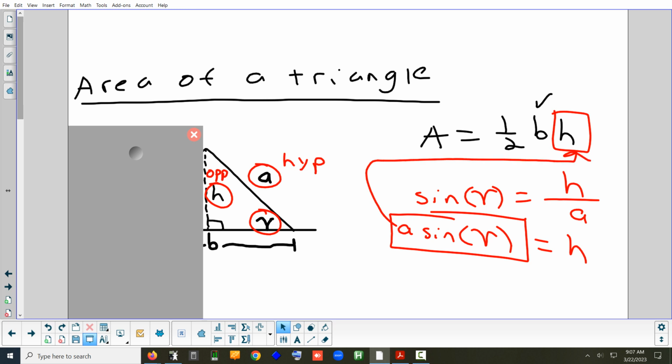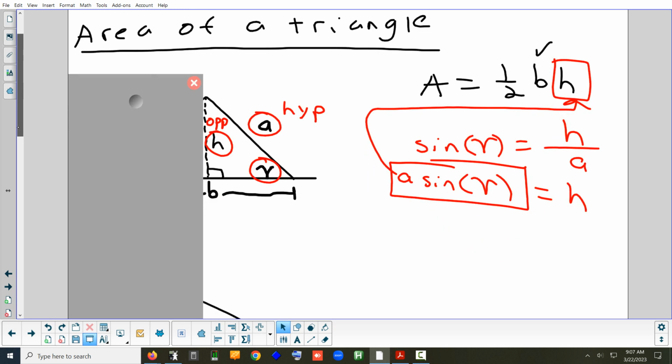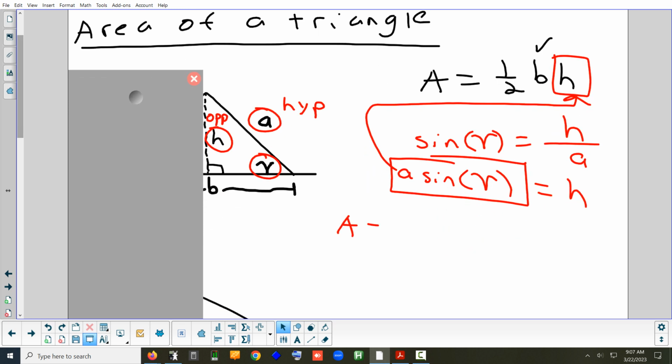And now we have a new formula for the area of a triangle that's basically 1/2 base times height. It just uses trig to find the height when you're not given the height. So the new formula is 1/2 BA sine gamma.